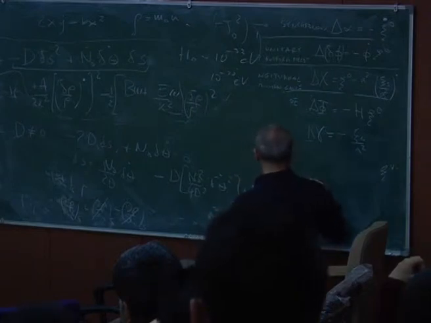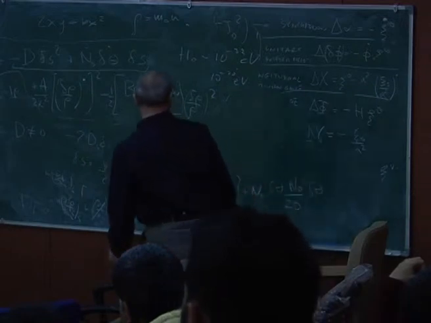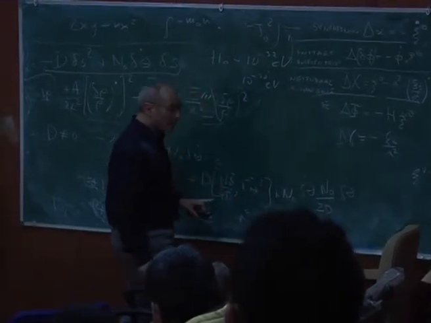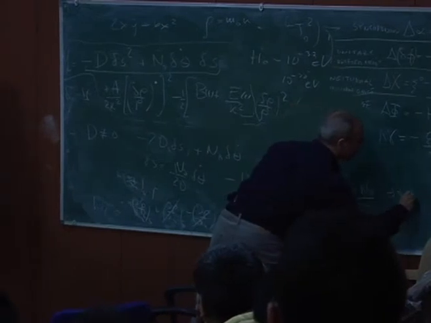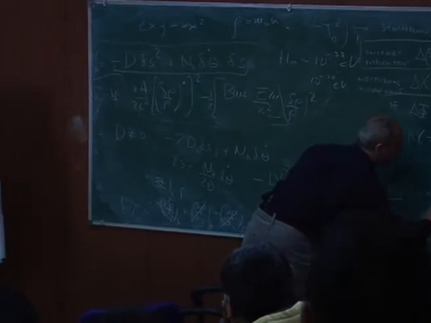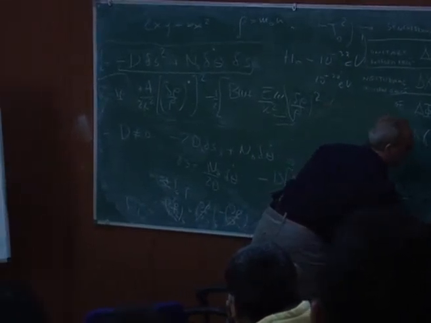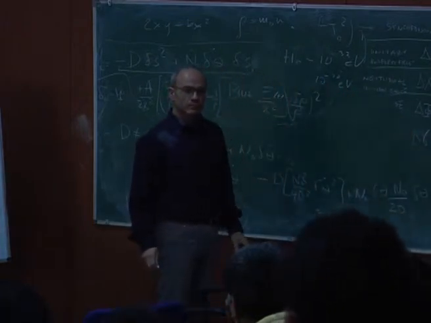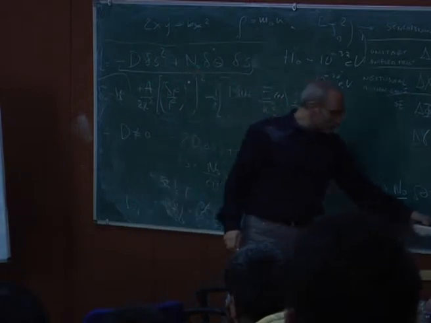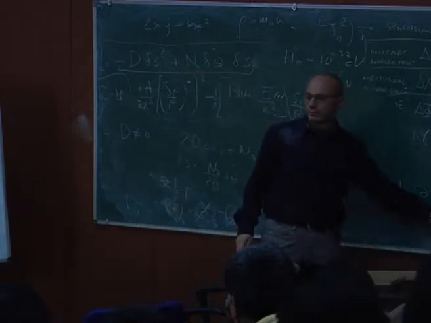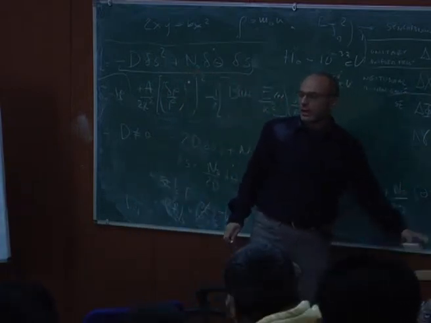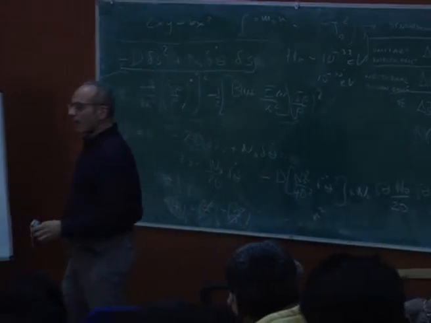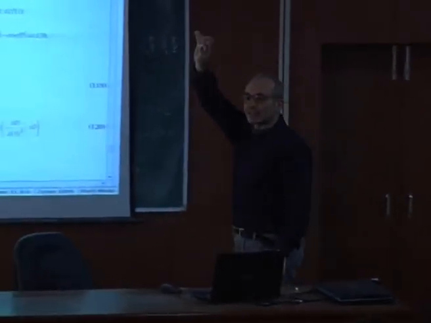So I have 2d minus 4d. The whole thing becomes n0 squared divided by 4d times delta theta dot squared. So the no-ghost condition imposes d to be positive. So when this happens, delta theta has only a kinetic term.